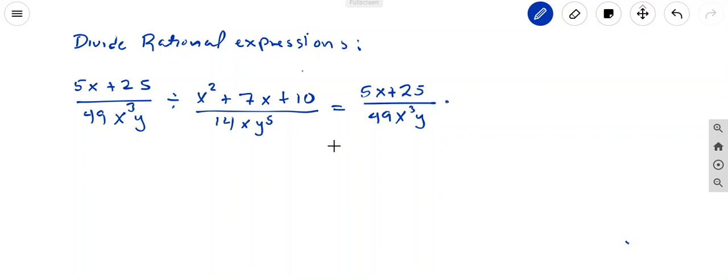I rewrite the division as a multiplication, and now I flip the second expression. So the denominator becomes numerator, and the numerator becomes denominator.